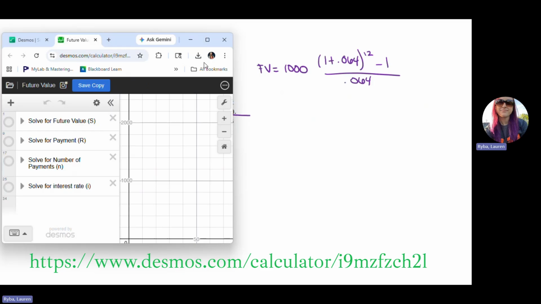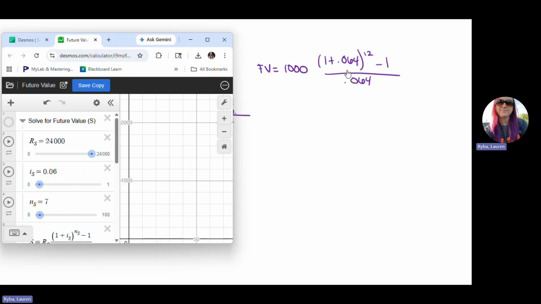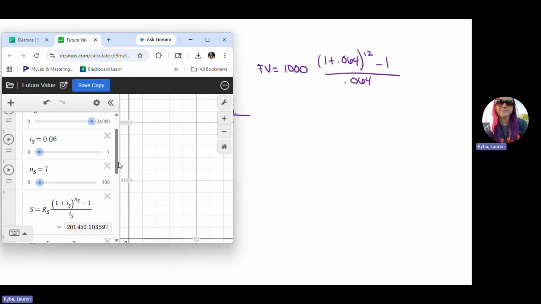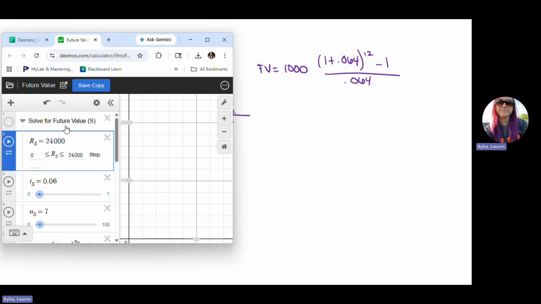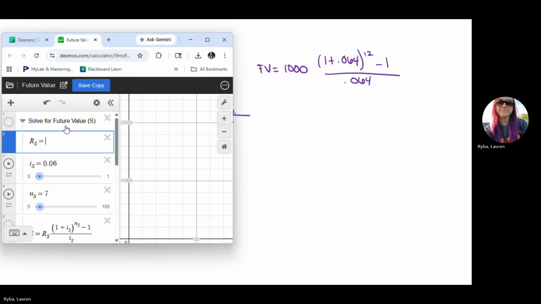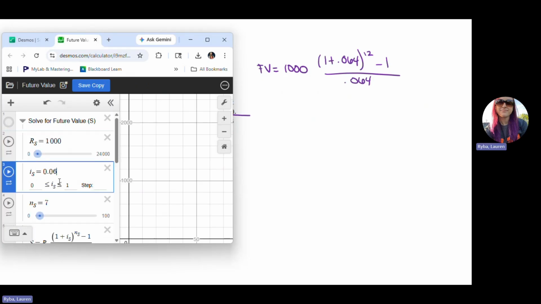So I could use this equation here to do the same thing. You can see it's actually set up identical. So future value equals payment times 1 plus interest rate to the power minus 1 all over the interest rate. So I could also use this one if I wanted to. 1,000, 0.064 and a total of 12.